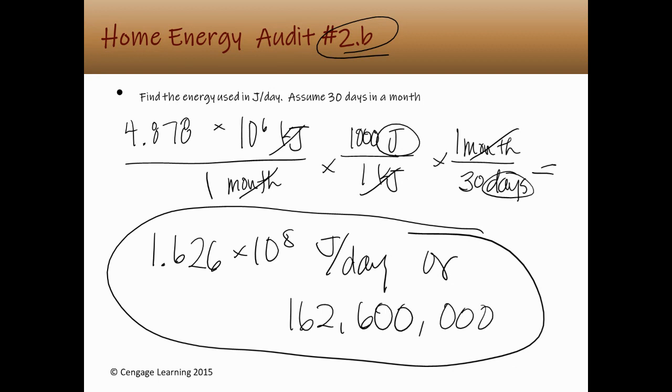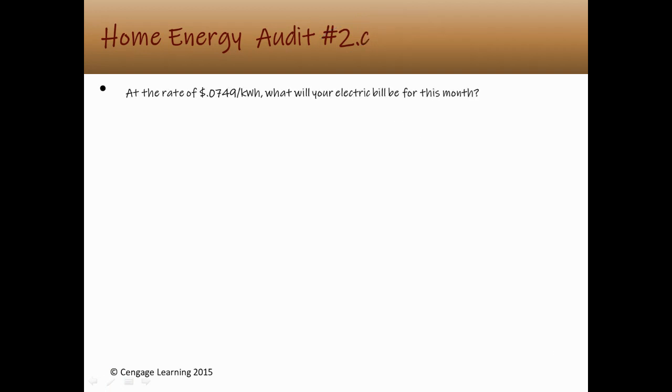Now, of course, when we talk about energy and energy bills, we are concerned with money. So let's look at the last one. So again, we're carrying our answer through. At the rate of 0.0749 dollars per kilowatt hour, what will your electricity bill be for this month? So we're going to take our 1,355 kilowatt hours from the beginning of the problem. So in this case, you're not carrying it through, which is what confuses people sometimes.